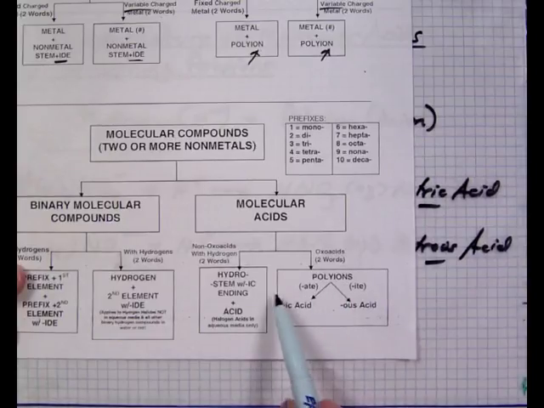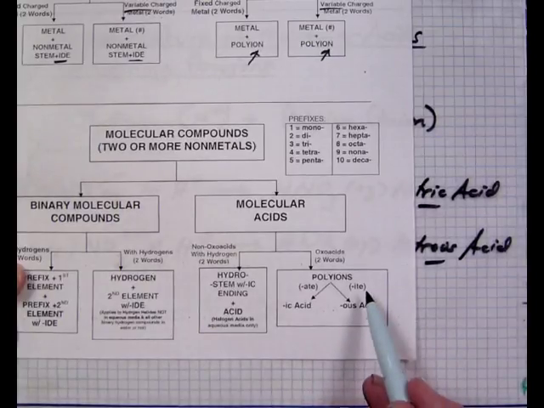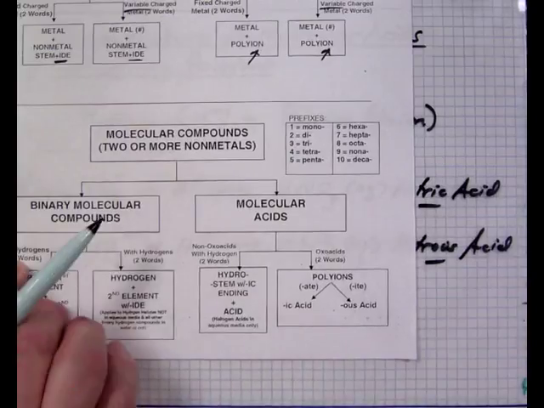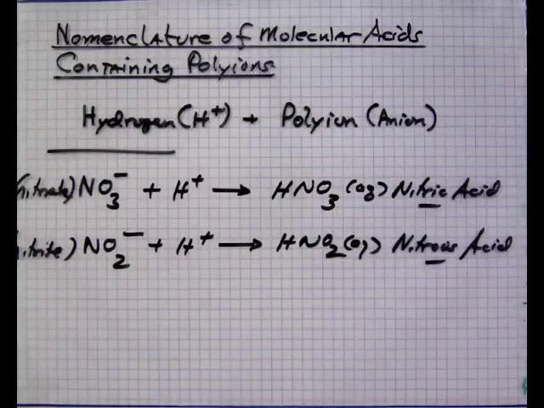If you have a phosphate, it would become phosphoric acid. If you have a phosphite or a chlorite, remember we just showed you the analogous series, chlorite, it would be chlorous acid. So you have to know your polyions, your endings, and then translate that into ATE and relate to ic acid, or ITE and relate to OUS acid. So we'll play with a few of these and see how we do.